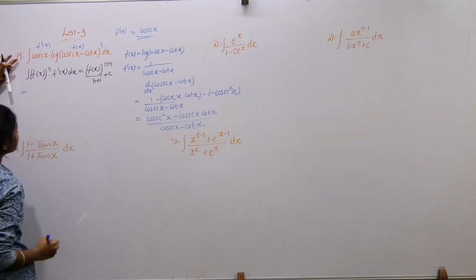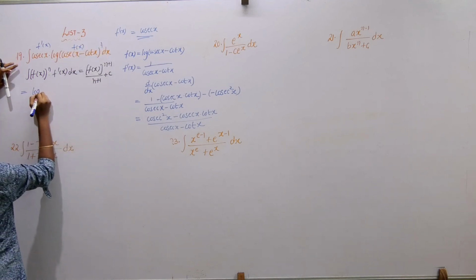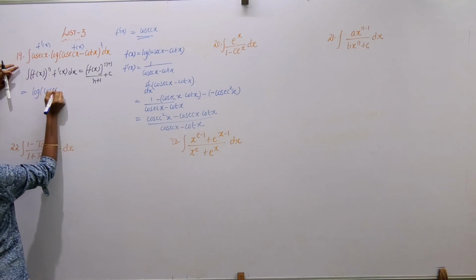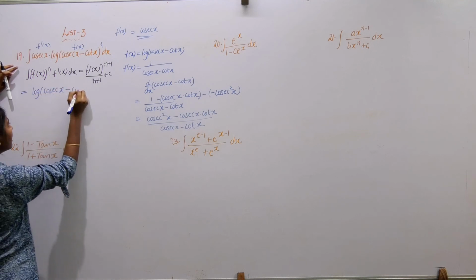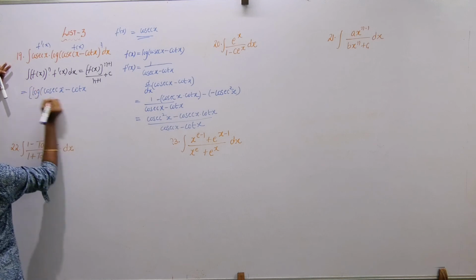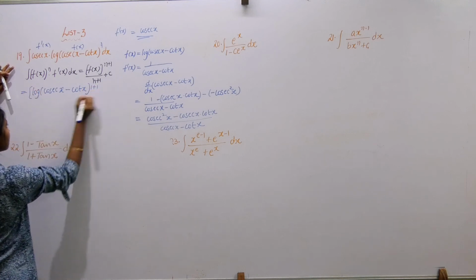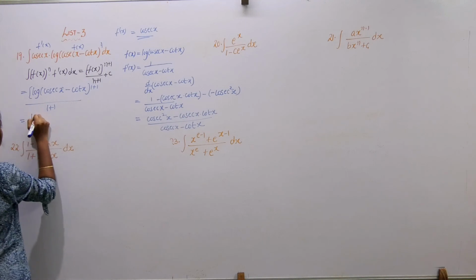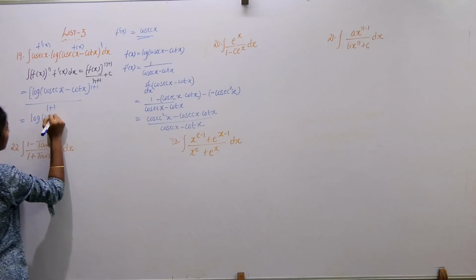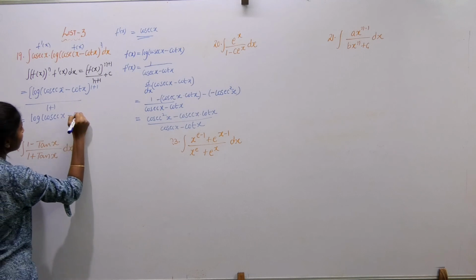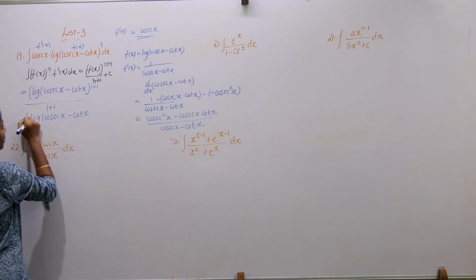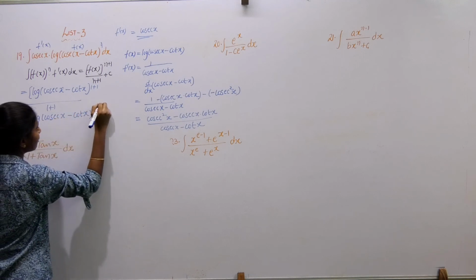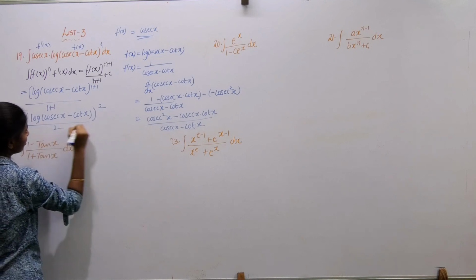The value of n is equal to 1. It becomes log of cosecant x minus cot x whole to the power of 1 plus 1 by 1 plus 1. It is equal to log of cosecant x minus cot x whole to the power of 2 by 2 plus c.